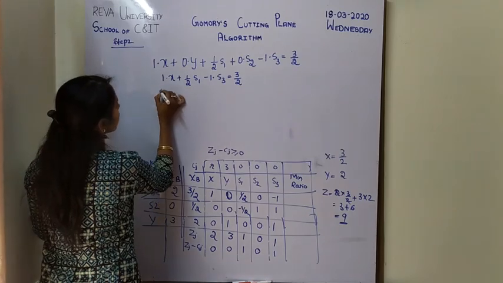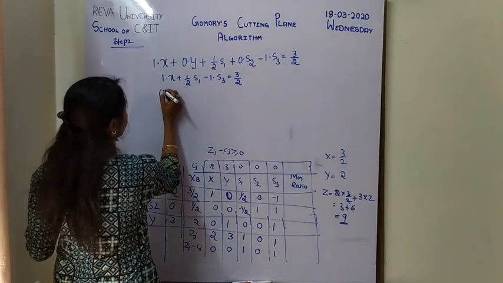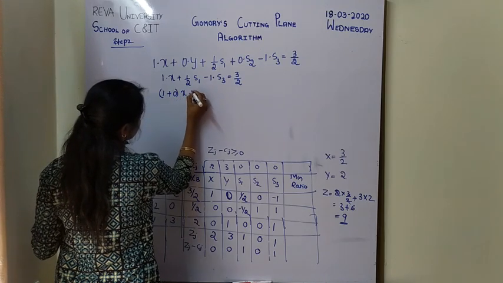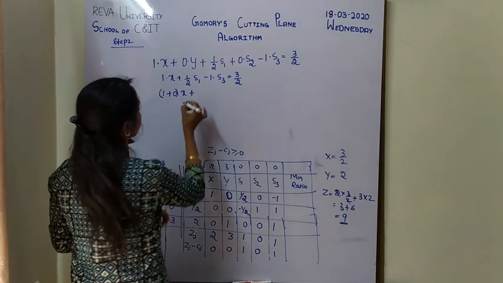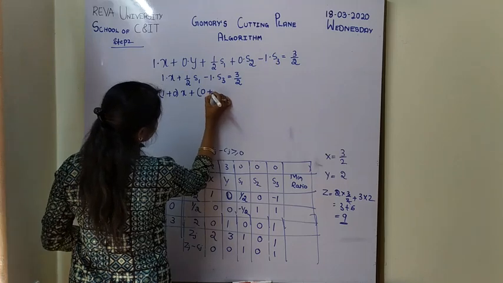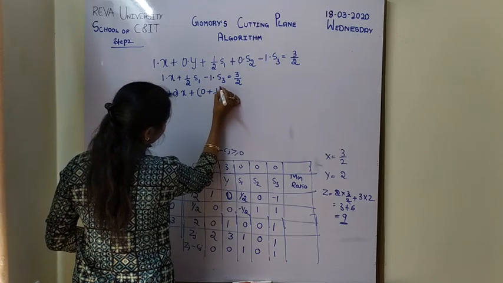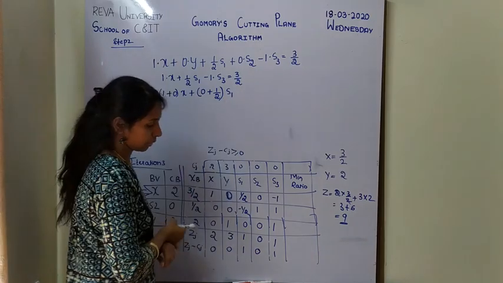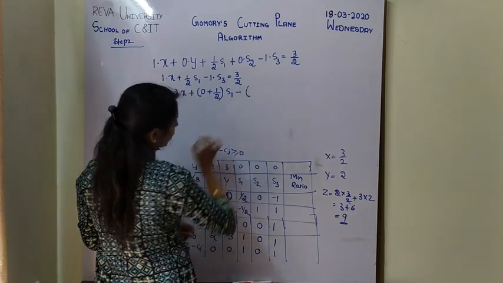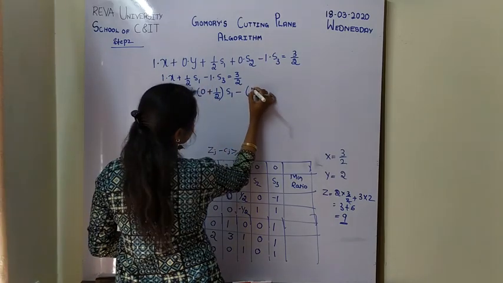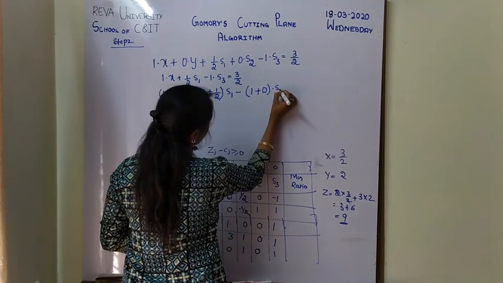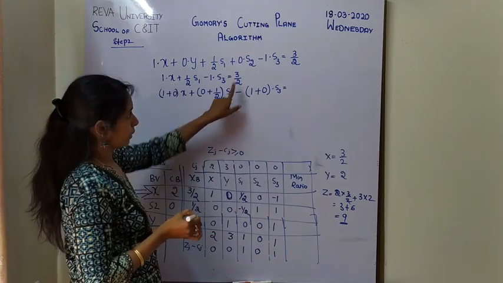So I will write 1 as integer 1, fraction is 0 into x plus 0 plus fraction part half into s1 plus minus 1 into s3, integer 1 since there is no fraction, 0 into s3 equal to 3 by 2.